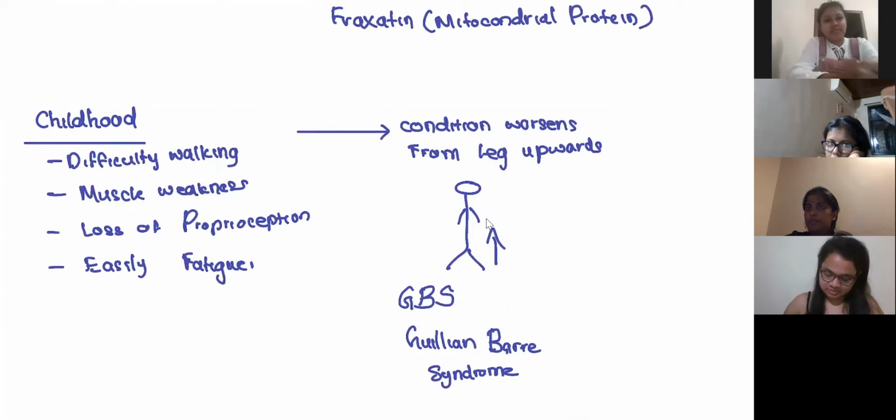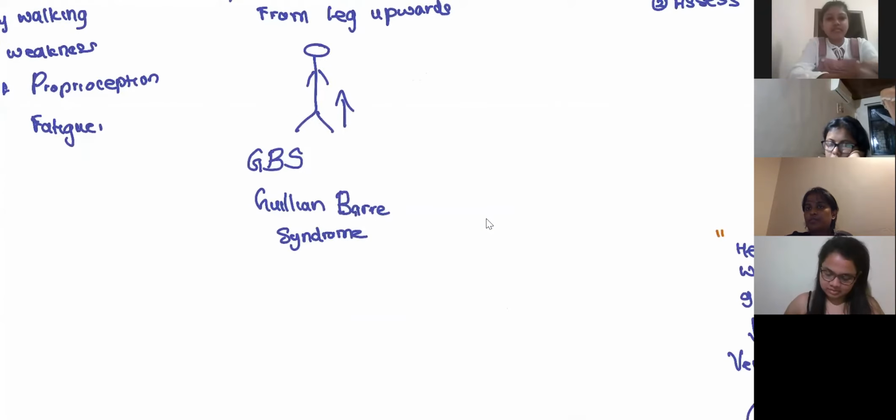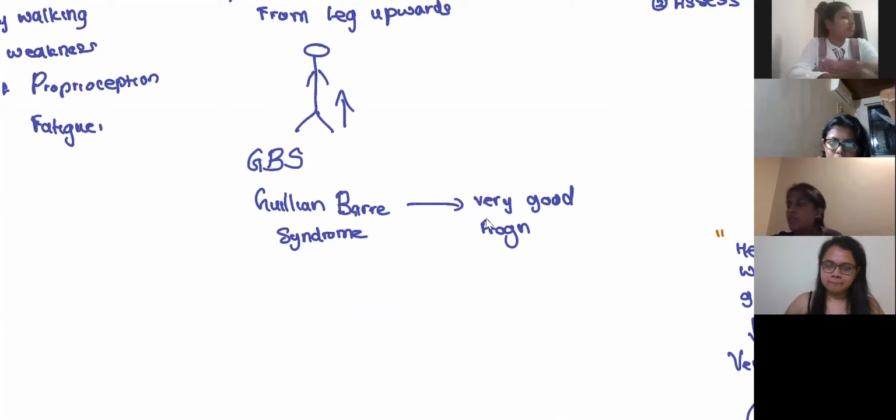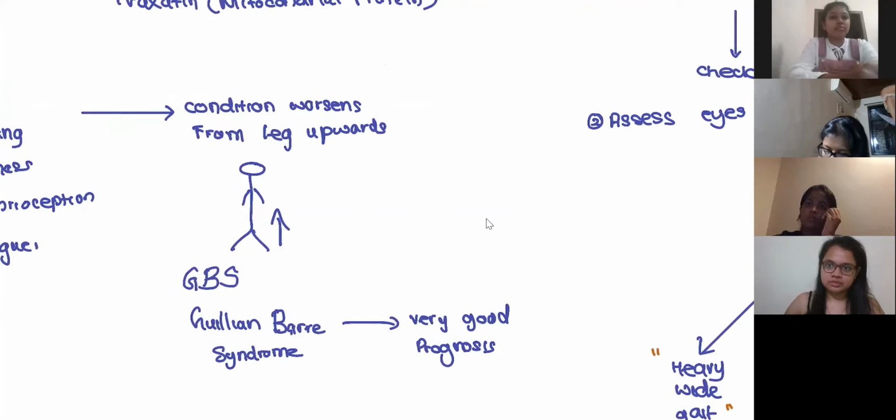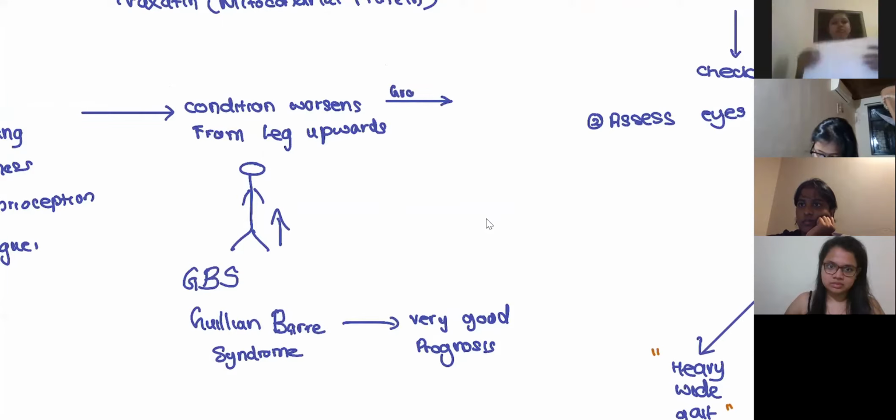And these patients, okay, Guillain-Barré syndrome, it actually has a very good prognosis. After about a month of treatment, the patient is fully fine. His limbs will be working again, no more paralysis. But this one gradually will need wheelchairs.